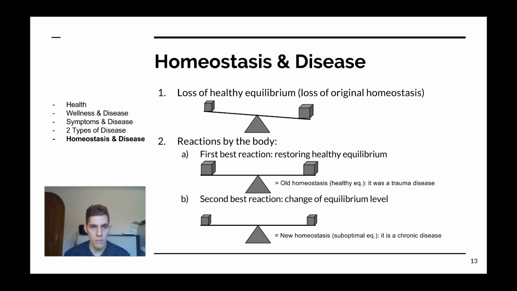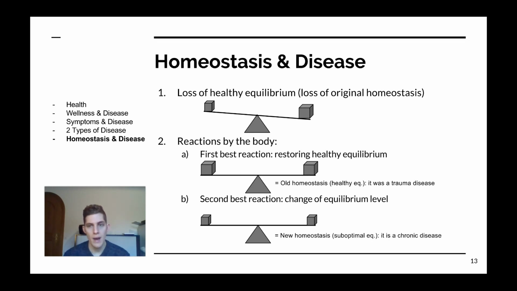Now, what happens if the shoe, for example, is broken? If we lost the sole or the shoelace is broken. At this point, our second best option would be to remove the other shoe and just resume our run at a slower speed.